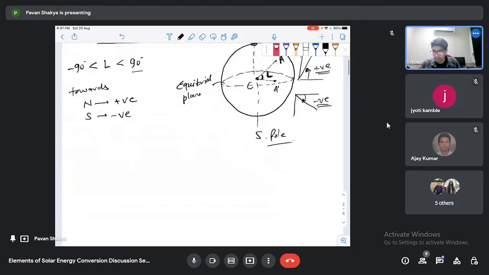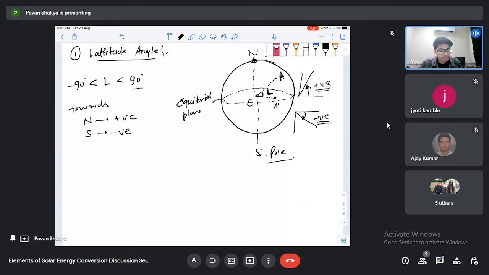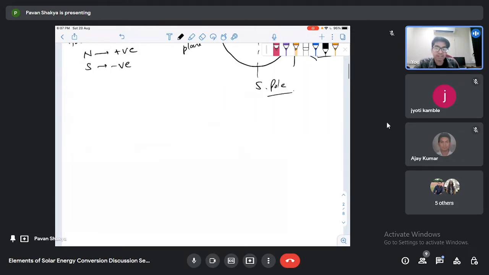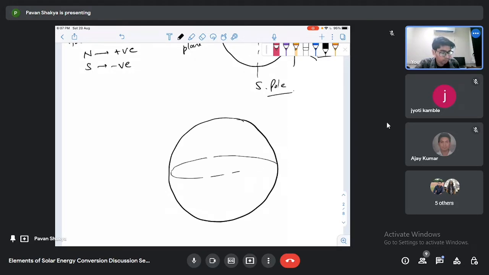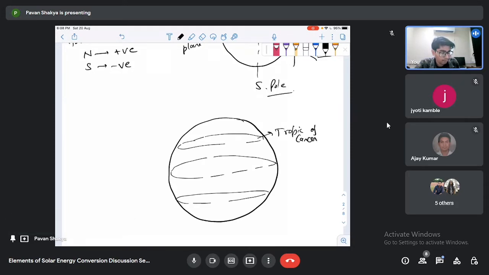Okay, so let's discuss some more things. As we know, our sun radiates normally between the tropics, that is Tropic of Cancer and Tropic of Capricorn.